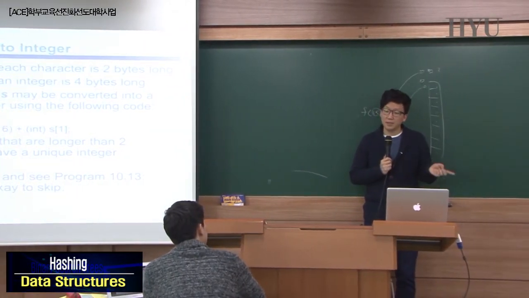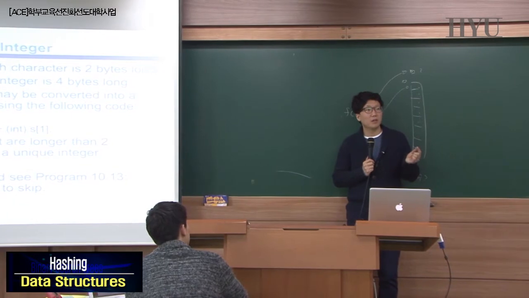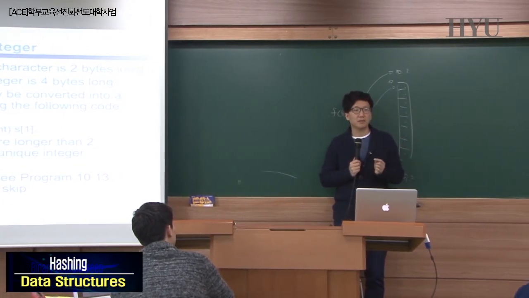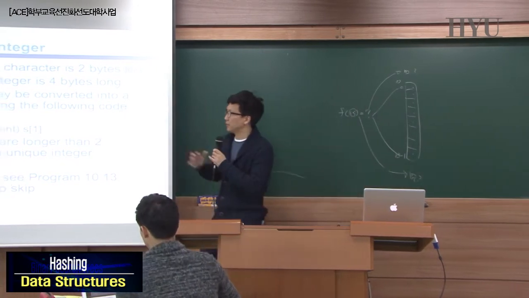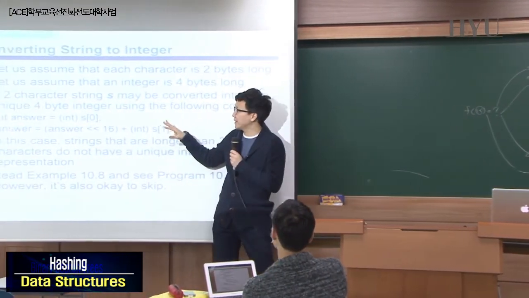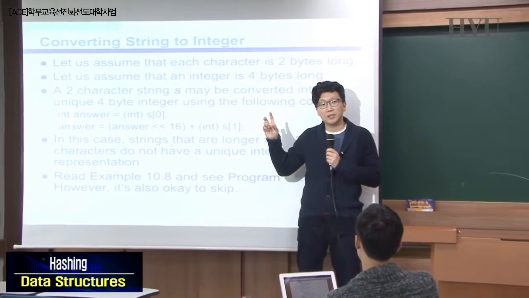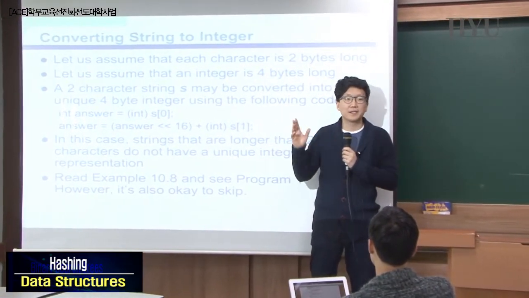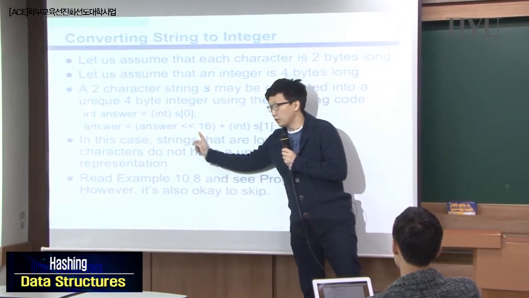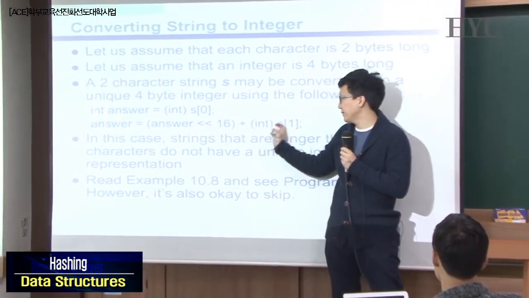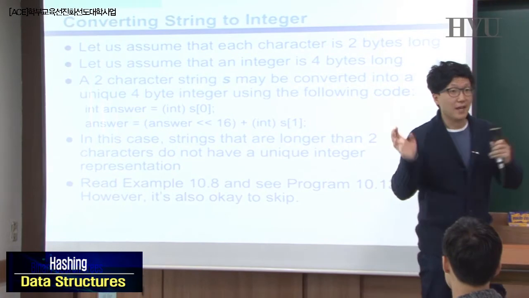There is a bit of explanation in the textbook, but not that much, and I'm not going to go over it in depth. But this is one of the ways of converting 2 characters into a unique 4-byte integer. So this is the shifting operation, and they do something funny after that. They add them all.